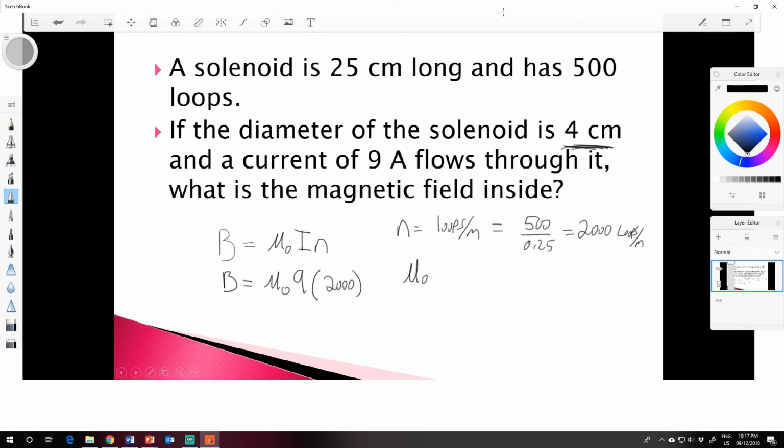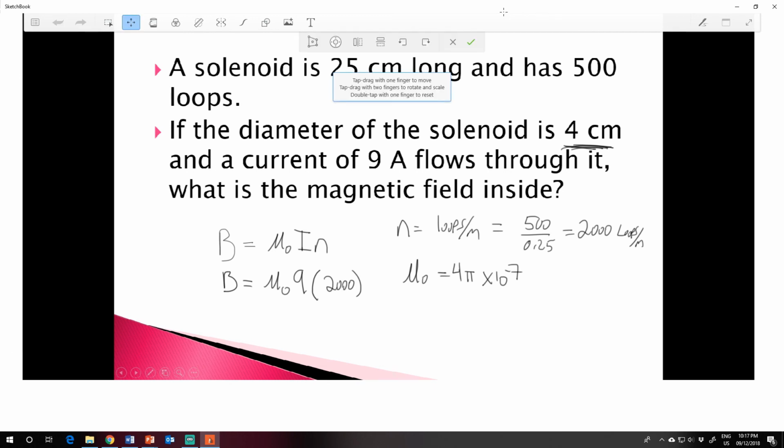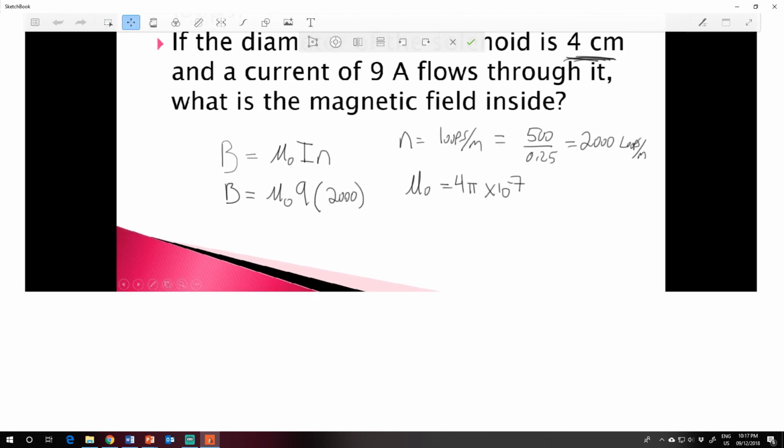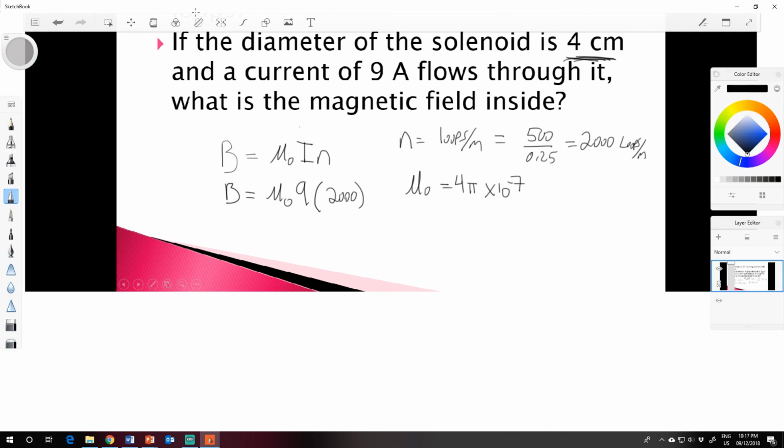In the table of constants on the back of your textbook, mu zero has a value of 4 pi times 10 to the negative 7. So it's quite small. And this will have units of Tesla meters per amp.